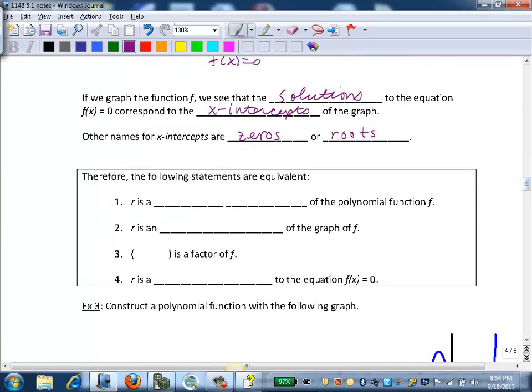So we can summarize. The following four statements are equivalent. They're saying the same thing.